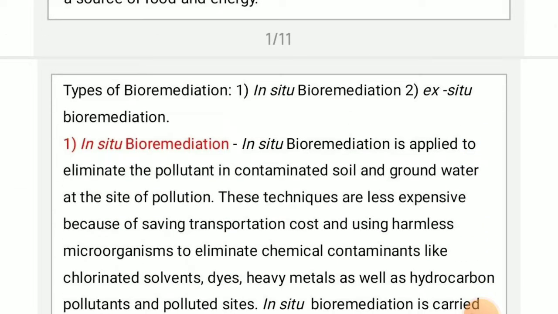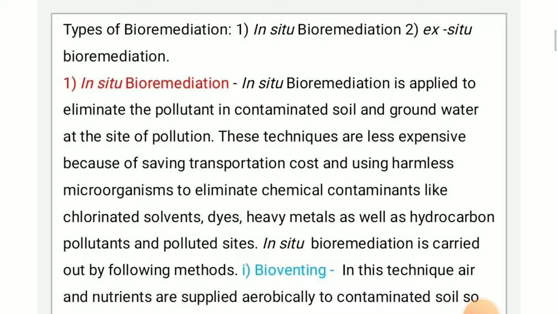The types of bioremediation. There are two types of bioremediation: in situ bioremediation and ex situ bioremediation. In situ bioremediation is applied to eliminate pollutants in contaminated soil and groundwater at the site of pollution.